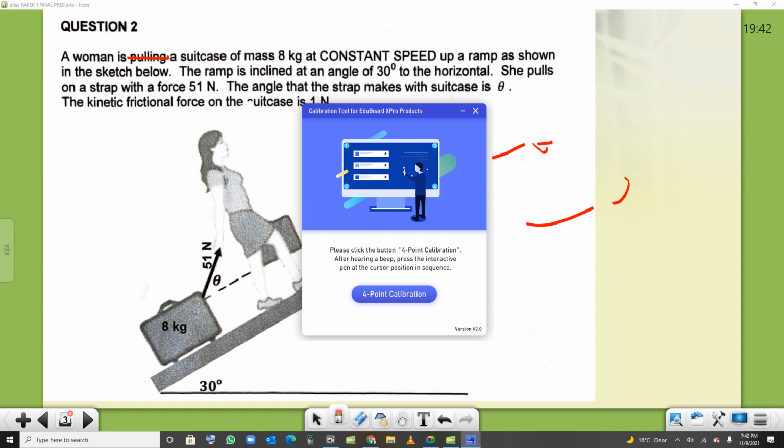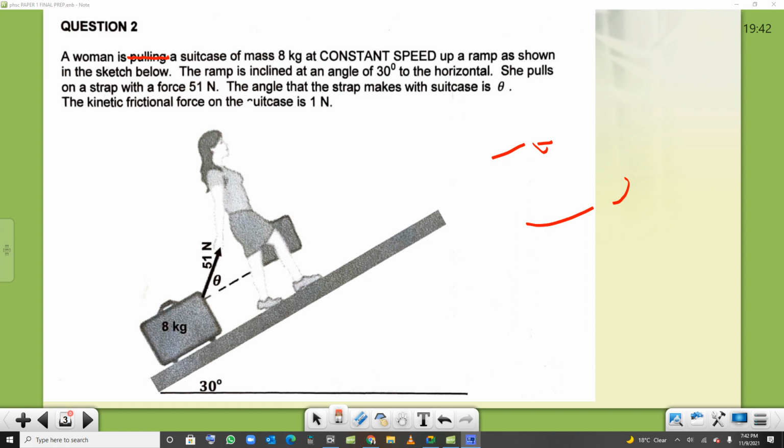All right. A woman is pulling a suitcase of mass of what? Now, I can quickly tell you that I will pick a few things from that place. Those of you that have taught know what I'm talking about. I know that the word pulling means applied force, right? The word mass talks about the weight. Now, when we talk about constant speed, that should quickly tell you something.